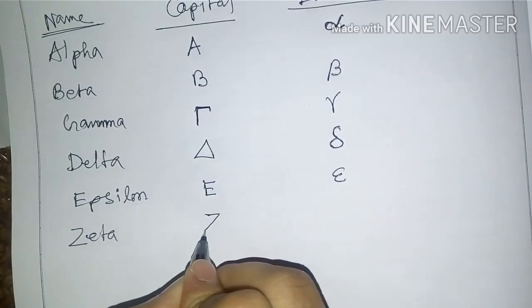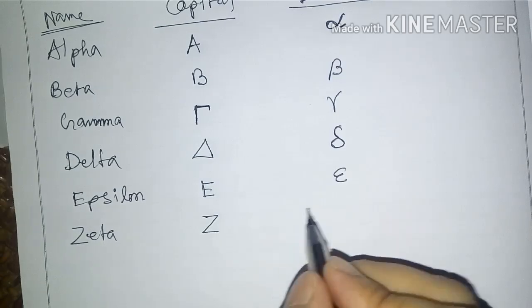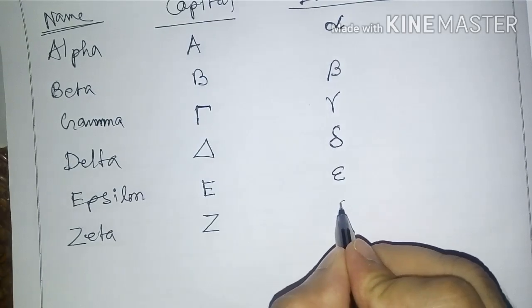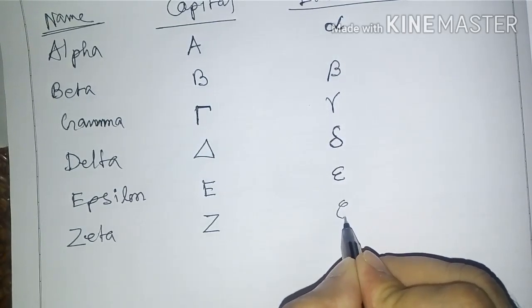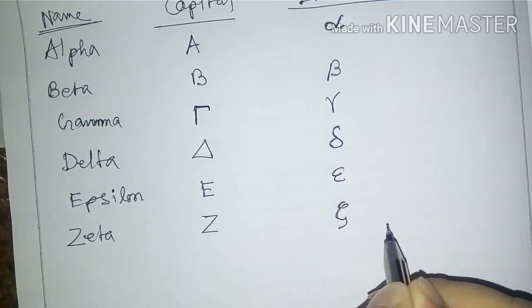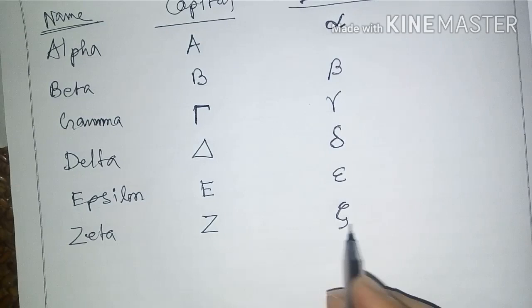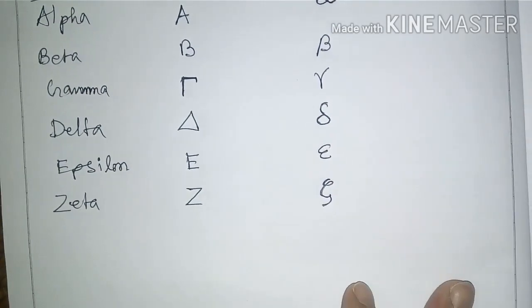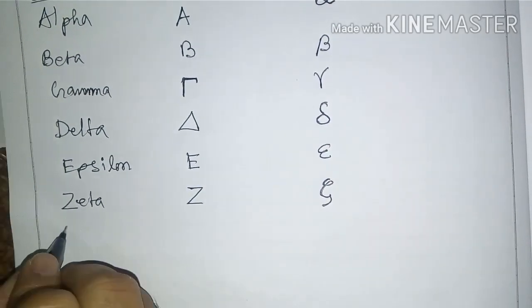How to write it? This is capital Z, and the small letter is like this. Understood? This one is zeta. Then eta.